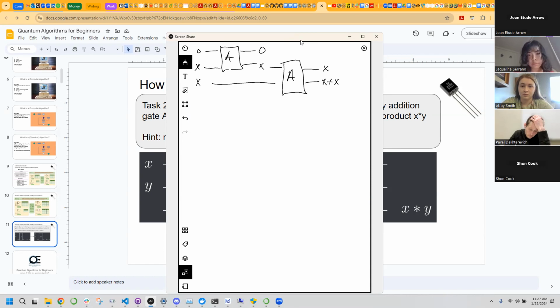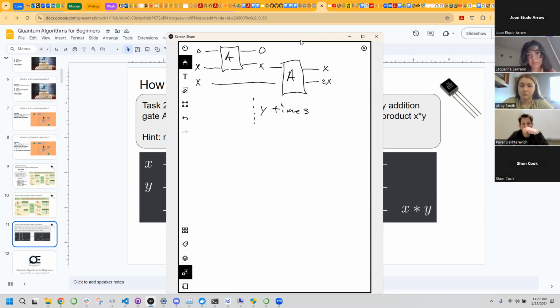So when you use the addition unit once more, now you get x plus x. So that's just 2x. And what we want is yx. So you're exactly right. You just repeat this y times. Or I guess if you've already done it once, y minus 1 times.